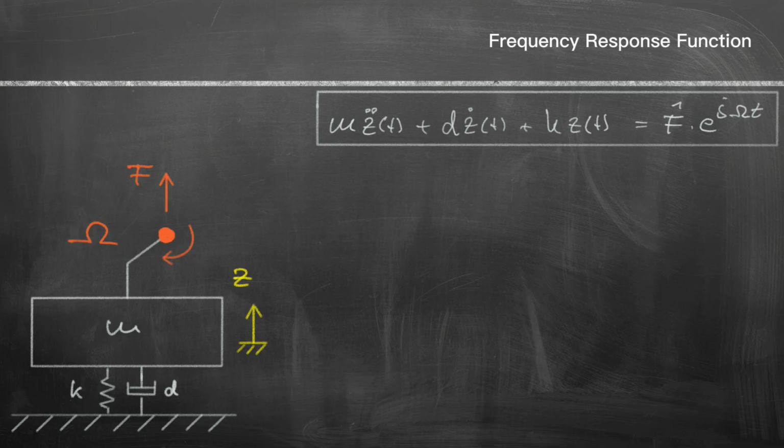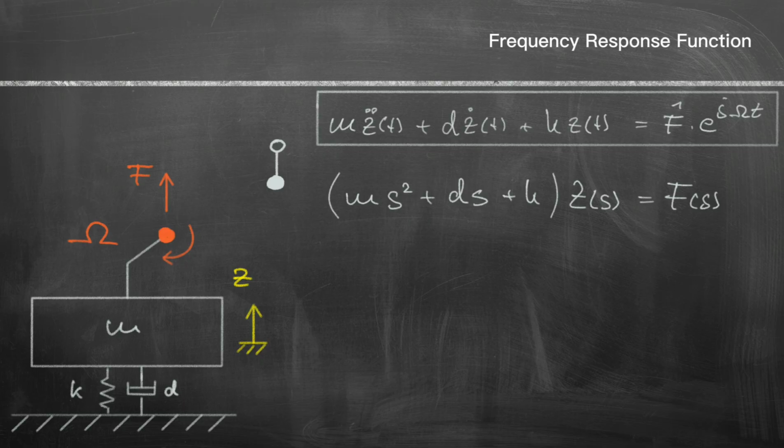Since this is a linear system, it can be transformed using the Laplace transform, which leads to the following equation in the frequency domain. (m s squared plus d s plus k) times z of s is equal to F of s.